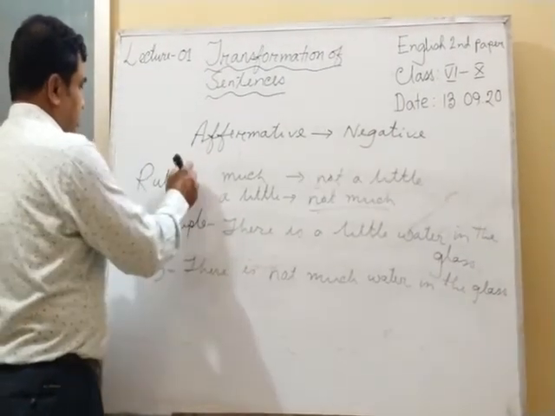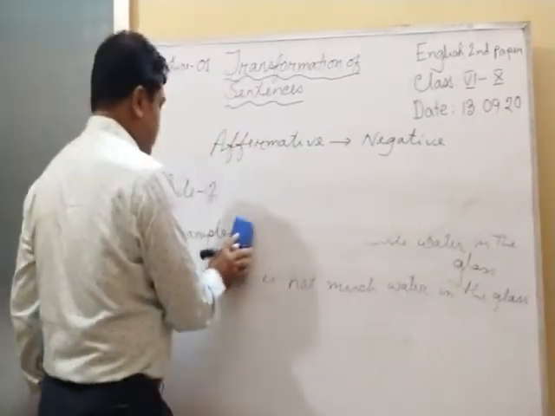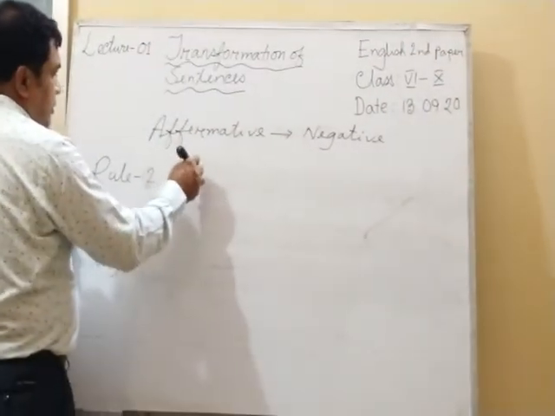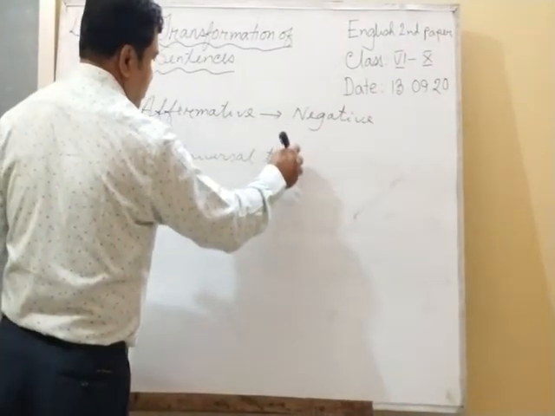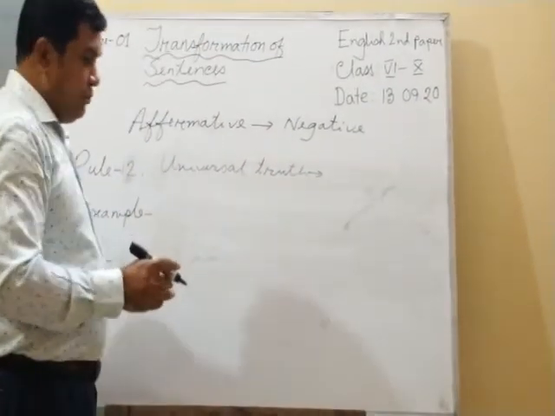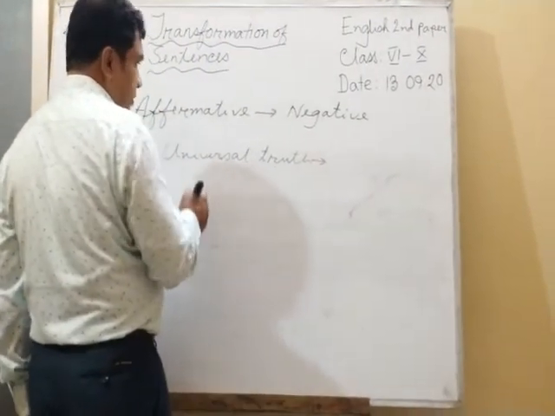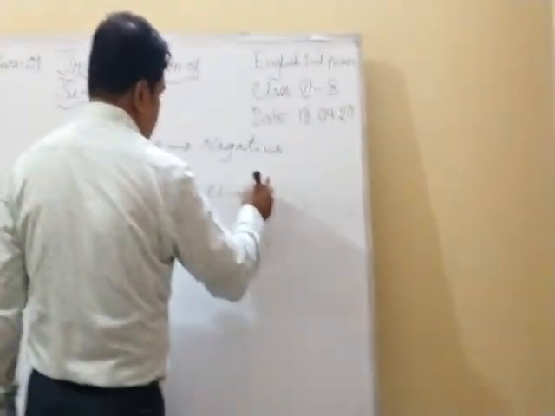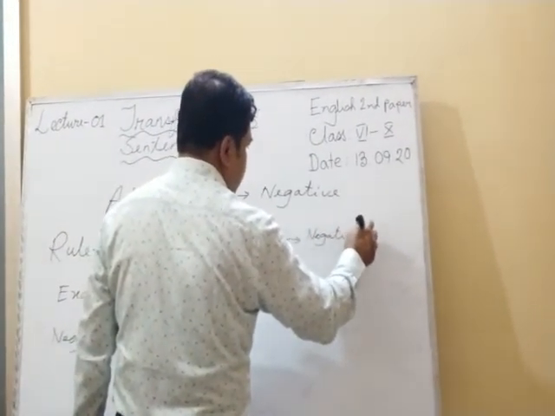Rule number 12. Universal truth. If you find any universal truth sentence, you will have to make it negative by using negative interrogative.